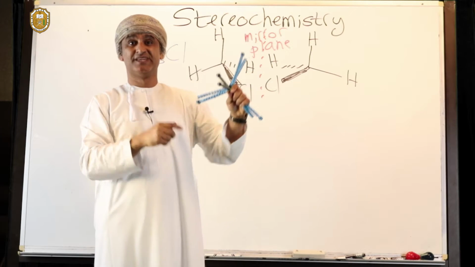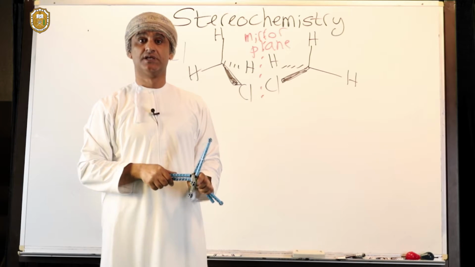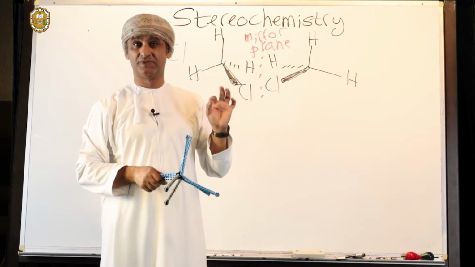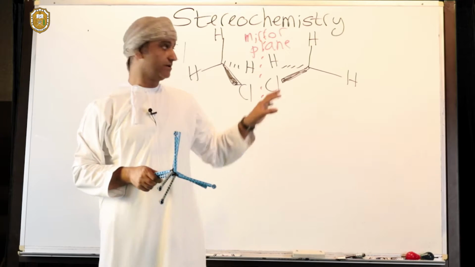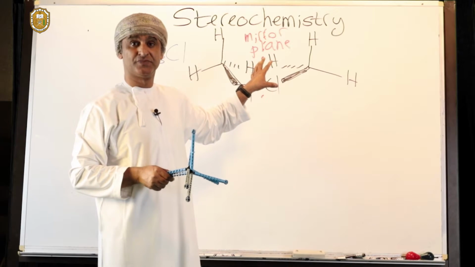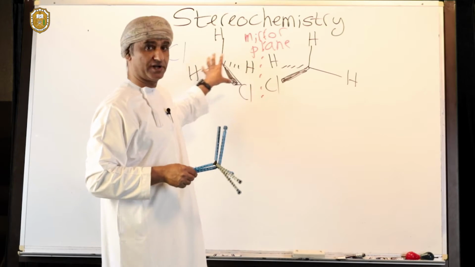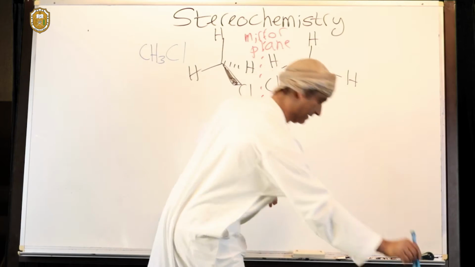Therefore, these two models are not actually different from each other. They actually represent identical structure or identical compound, if you like. These two drawings are basically the same. These two models are basically the same. That's because these mirror images are superimposable on each other, therefore they are identical.